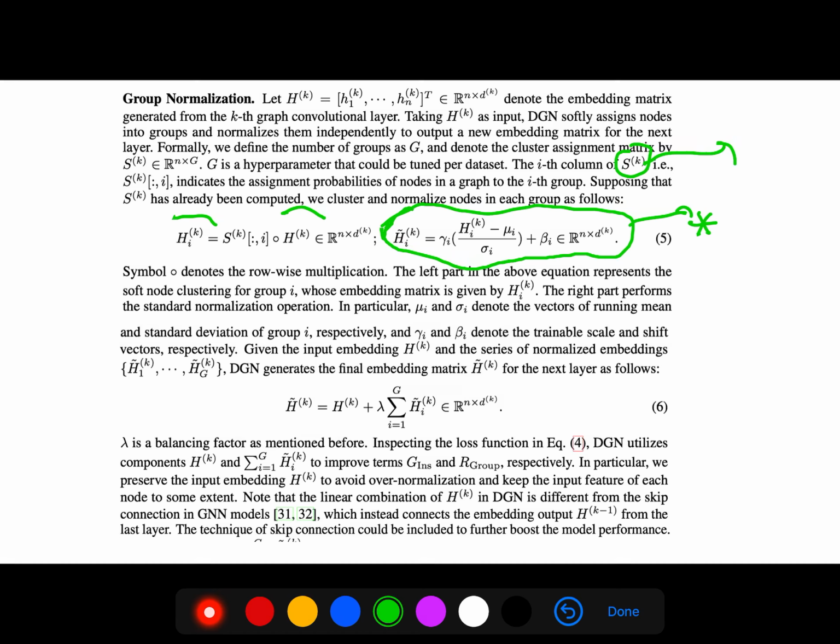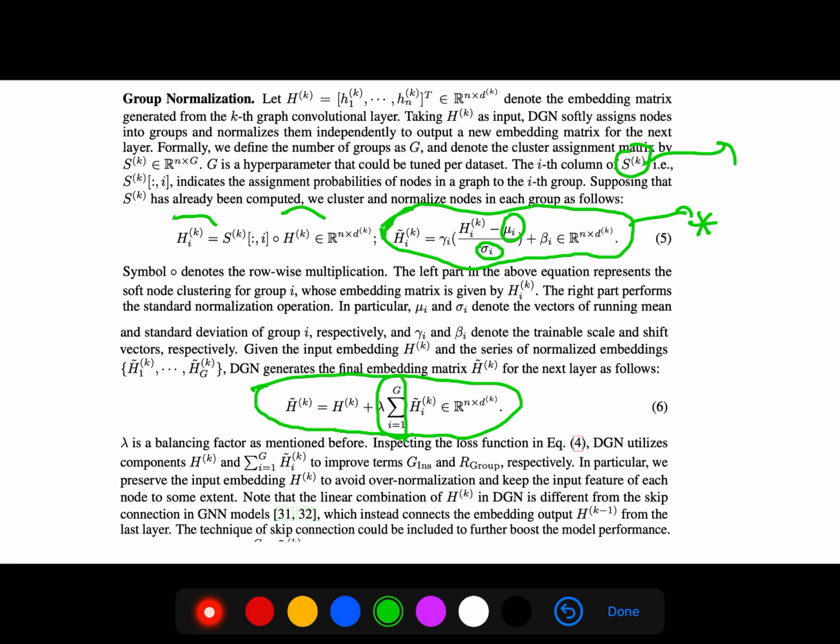The left part in the above equation represents the soft node clustering for group i, whose embedding matrix is given by H sub i. The right part performs a standard normalization operation. In particular, mu sub i and sigma sub i denote the vectors of running mean and standard deviation of group i. Then DGN generates the final embedding for the next layer like this.